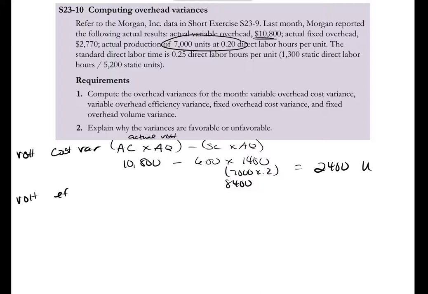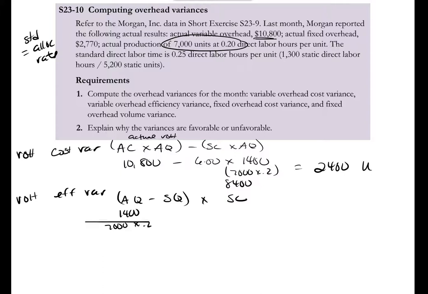The variable overhead efficiency variance is the actual quantity minus the standard quantity times the standard cost. And the standard cost equals that allocation rate. So the actual quantity, again, is 1,400, which is the 7,000 units I made times 0.2 hours per unit. The standard quantity would be the 7,000 units I made, and the standard is 0.25.